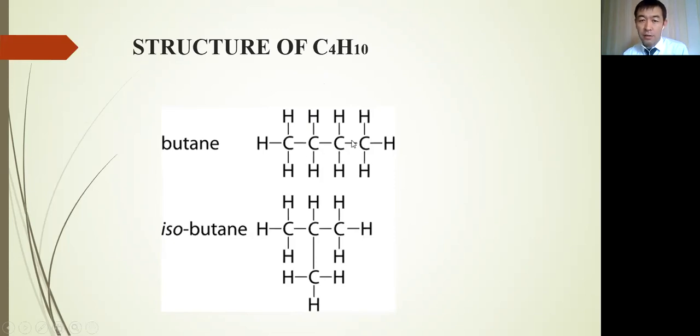First, the linear one, by attaching these 4 carbons to each other, or you could also draw it like this, with 3 carbons linear and 1 carbon branched. The name of this molecule is butane, and the name of this molecule is isobutane. But the names and the properties of these molecules we will tell you later.